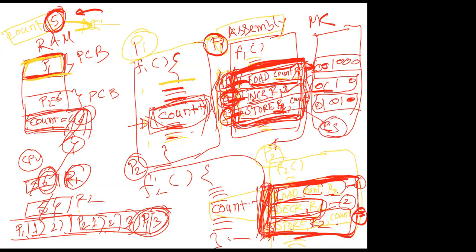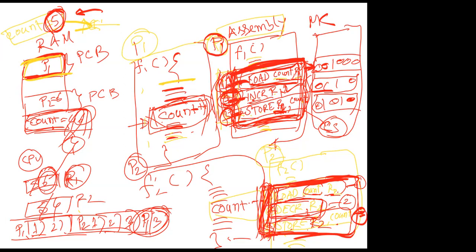So here we figure out what the critical section is. The critical section is a piece of process code that needs to access the shared memory.